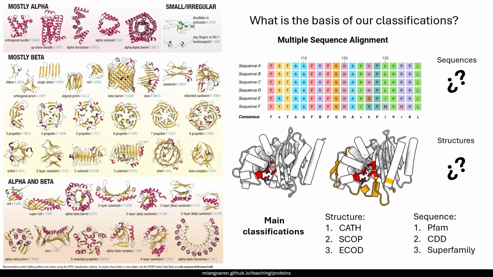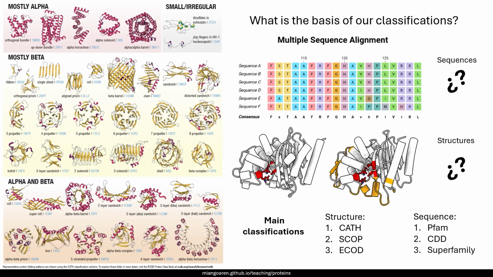And then, let's say that in order not to complicate our lives, we practically made two great schemes. Classifications that are built on a strong structural basis, and classifications that are built on a strong sequence basis. And here are several examples of what they would be, although currently there is already a resolution at the level of sequence and structures, so that we would not think that they are completely unrelated.